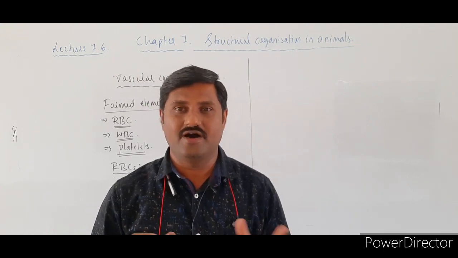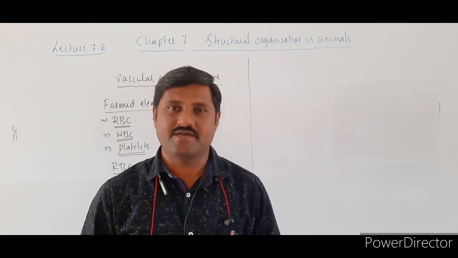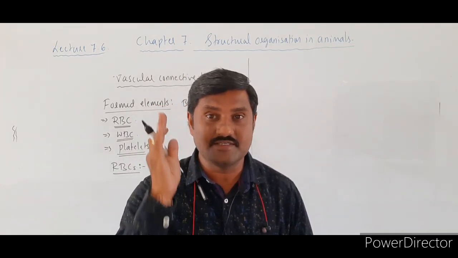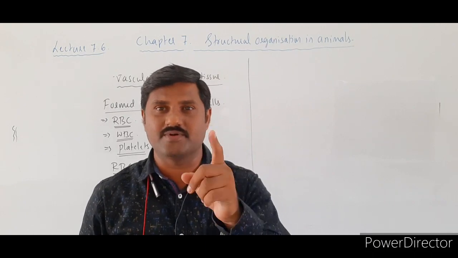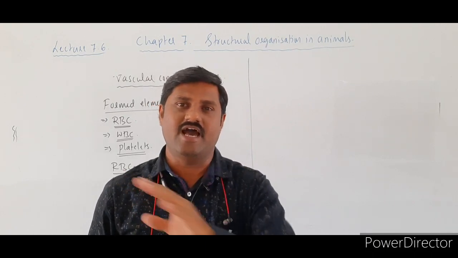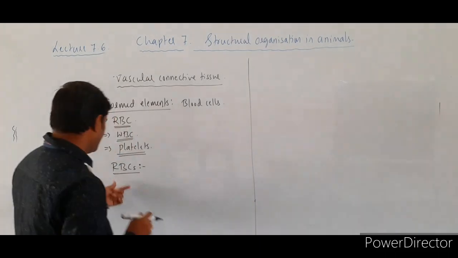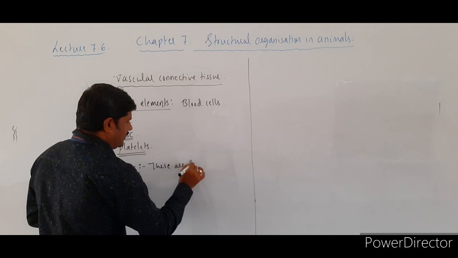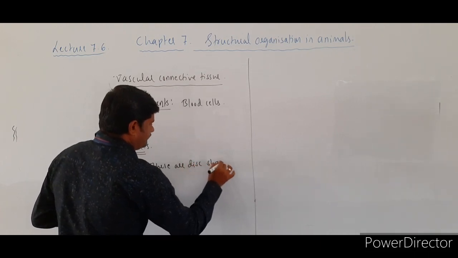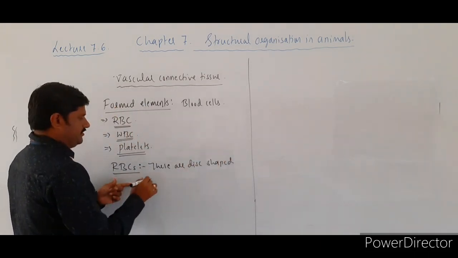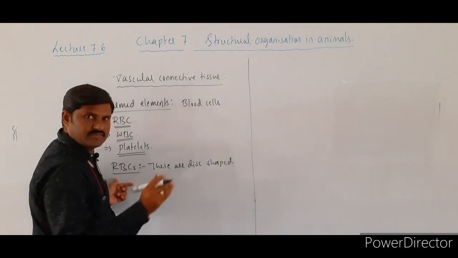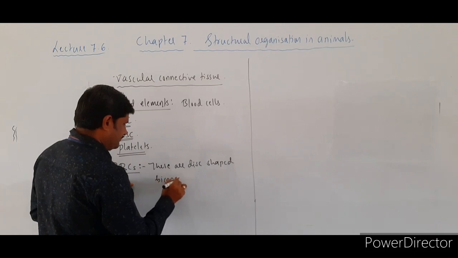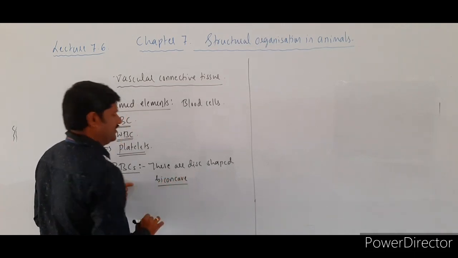Very important point, this is the only cell which is enucleated, in the sense of absence of nucleus. They are disc-shaped or sometimes oval shaped, biconcave. This word is very important.